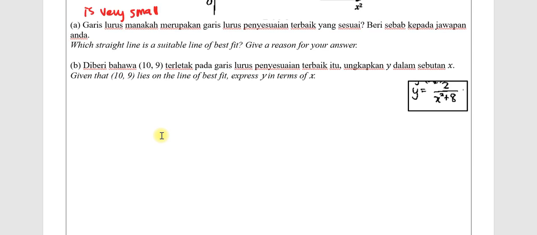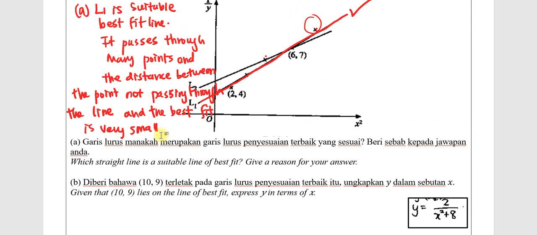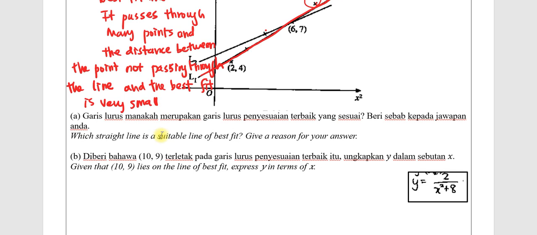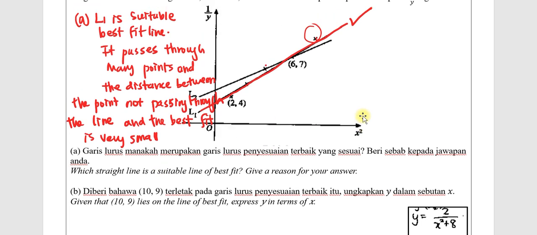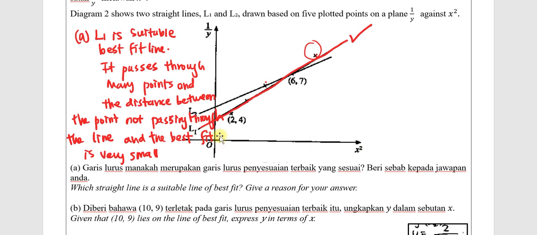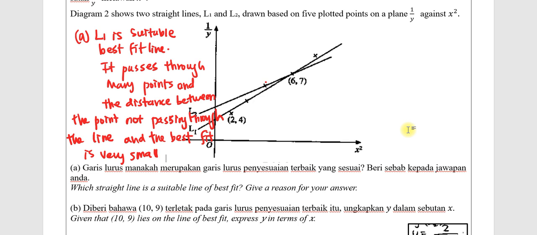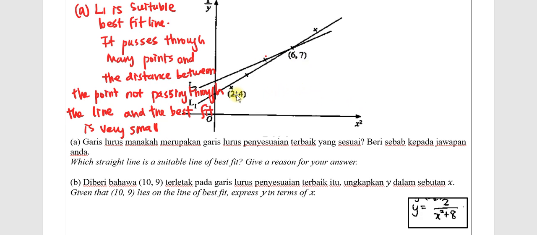Diagram, given that 10, 9 lies on the best fit, okay, lies on the best fit. Express y in terms of x. Just now, they gave you L1, L2. Let me see the point first. Both are crossing 6, 7. 2, 4 is not touching, correct?